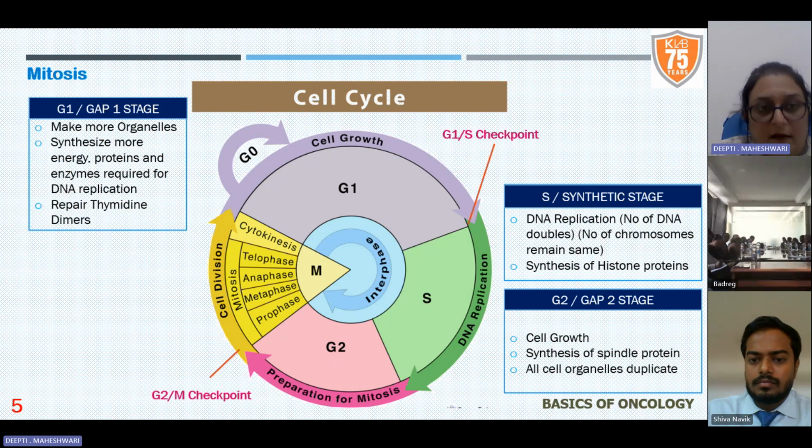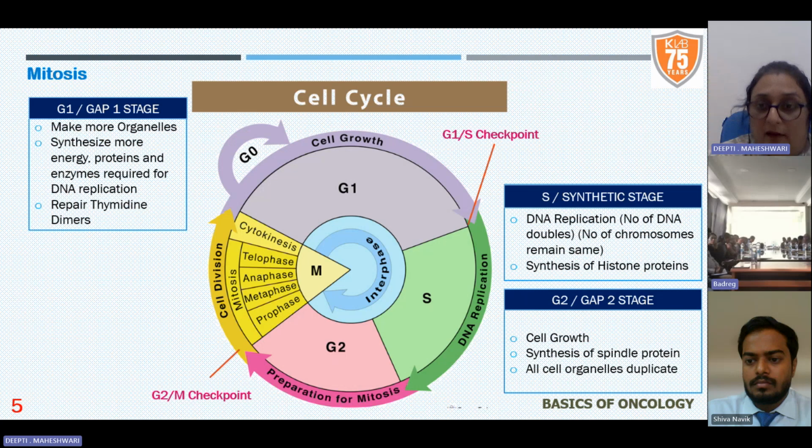Again, there are many proteins and enzymes which will be required for cell mitosis, which are all being formed in the G2 phase. So again, there is cell growth. All the proteins and enzymes which are required are also getting synthesized here. Plus, in the S phase the DNA had duplicated, so you have double the number of DNAs.